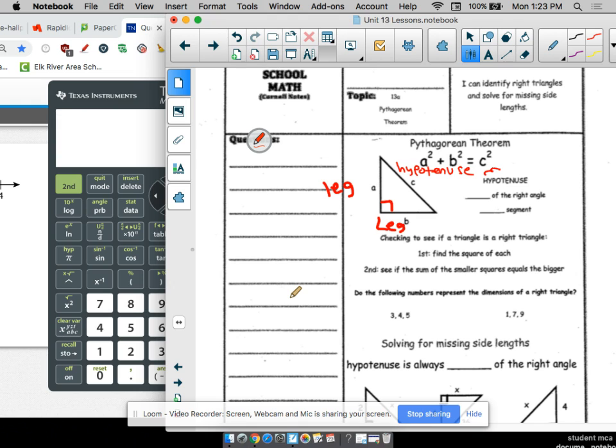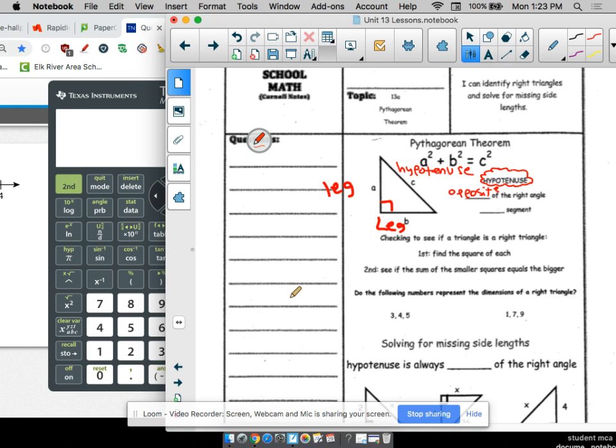I want you to cloud or highlight hypotenuse. It's a very important characteristic of any right triangle. The hypotenuse is always opposite of the right angle. What I always tell my 7th and 8th graders: find your right angle and then go to the opposite side. That's how you should always look.